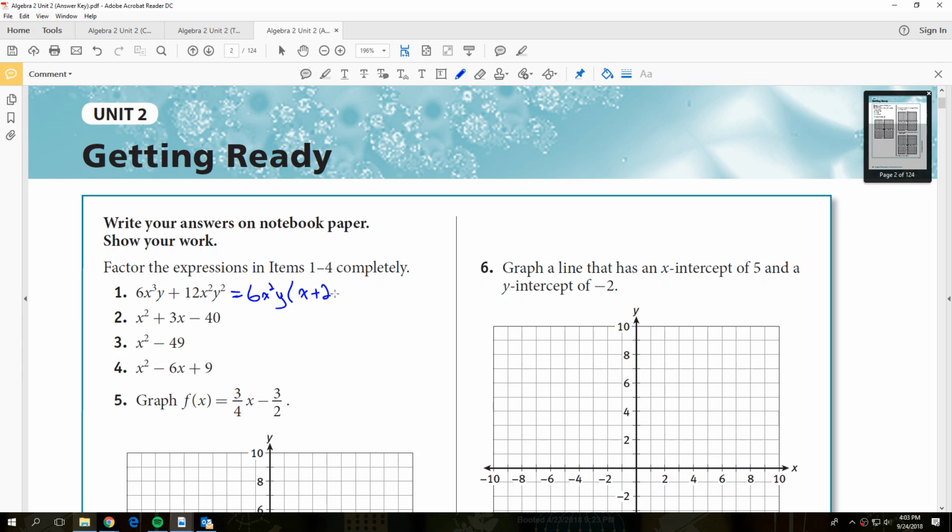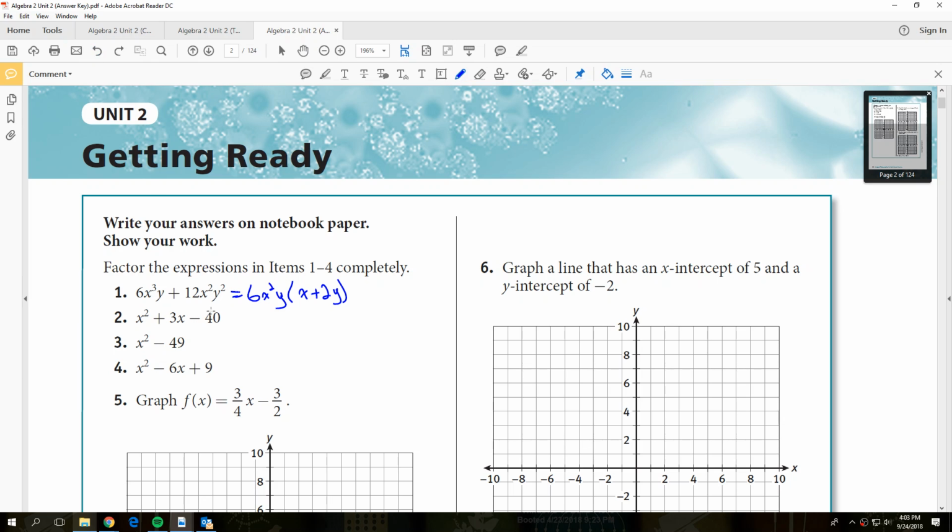And if I pull out an x squared, that's just 1. And if I pull out a y, then I'm left with y. So the greatest common factor would be 6x squared y, and we just pulled that out of both of these. As you can see, it's the opposite of distributing. If I multiplied this back in, then I would end up back with what I originally had.